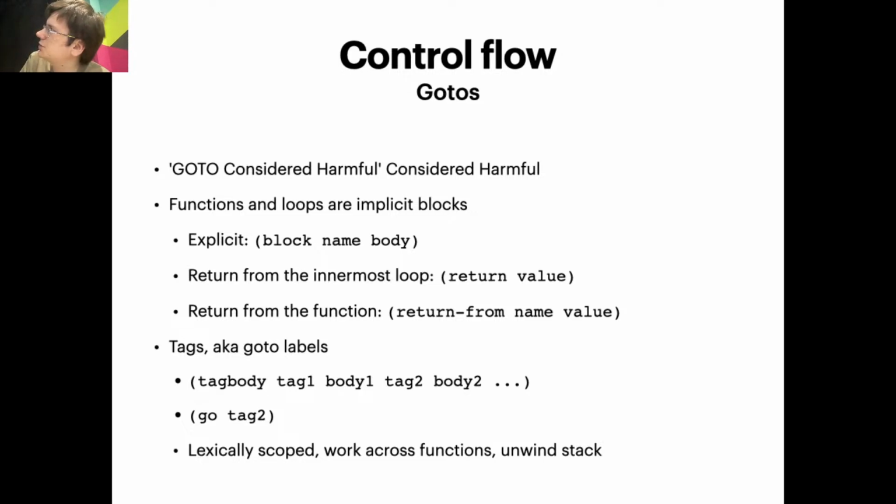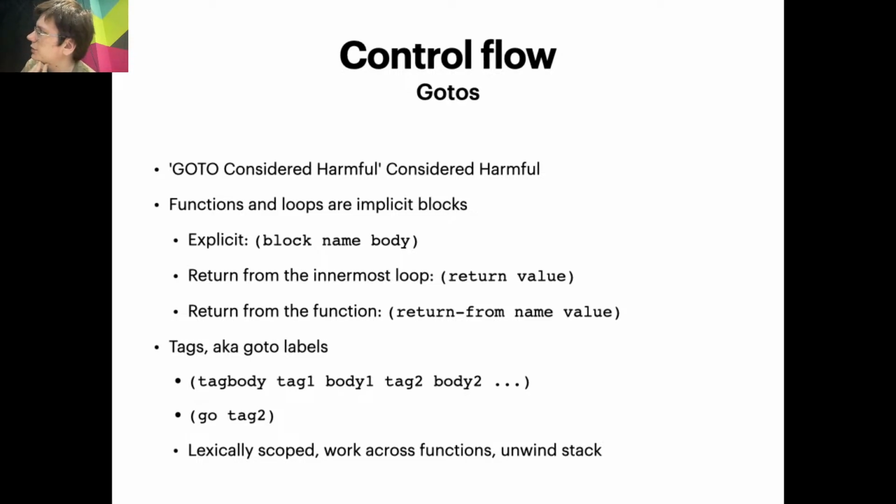And then we have tags, which are basically goto labels in other languages like C. First, when we have tags in our code, this part of the code is surrounded by tagbody. Then inside tagbody, we have these tag symbols, and after each tag symbol comes whatever comes after our label, a bunch of other forms, for example.